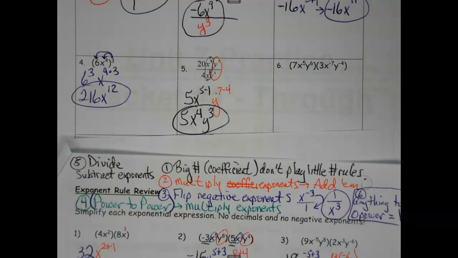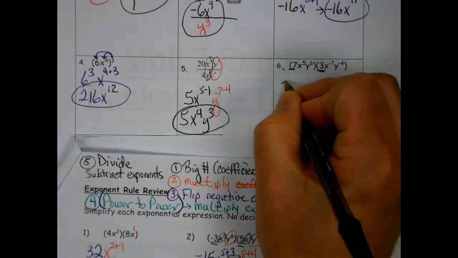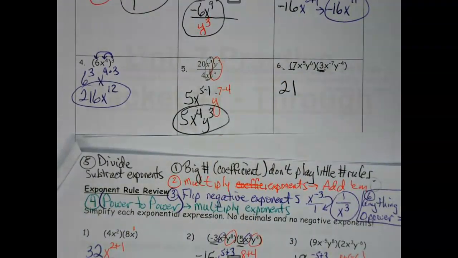Straightforward as that. Now, once we hit number 6, though, now we got to start making some decisions. Because we're going to have options. So we're like, okay, we got this. Big numbers don't play little number rules. We're going to multiply. Okay, 7 times 3 is 21. Now I've got negative exponents.